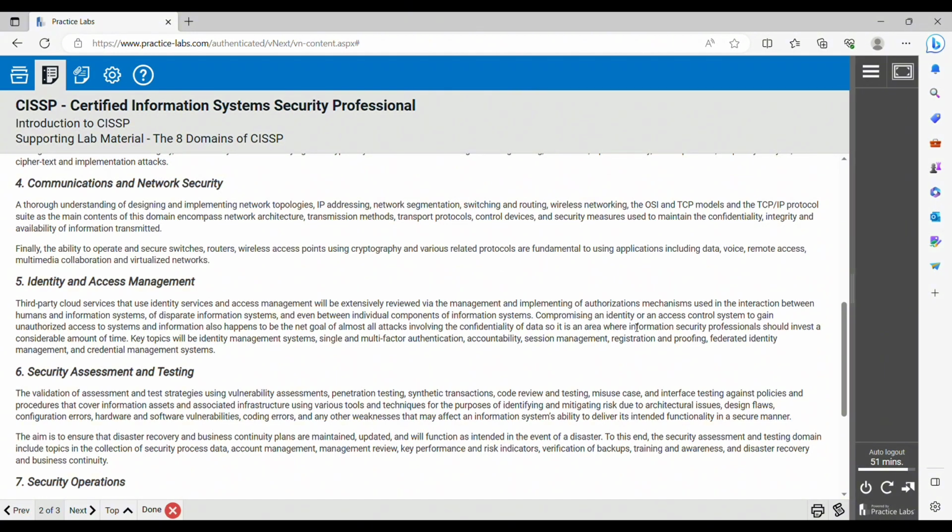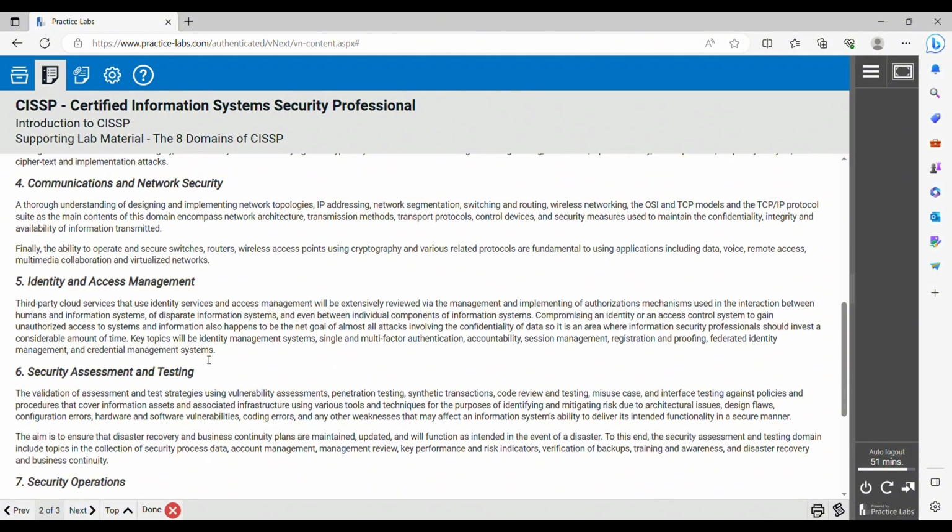Compromising an identity or an access control system to gain unauthorized access to systems and information also happens to be the end goal of almost all attacks involving the confidentiality of data, so it is an area where information security professionals should invest a considerable amount of time.